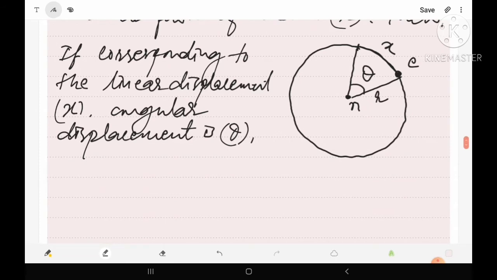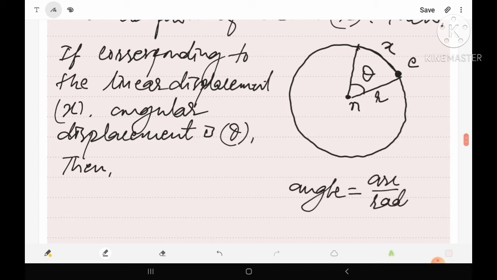We know that angle is equal to arc upon radius. This is the mathematical formula which we have studied.